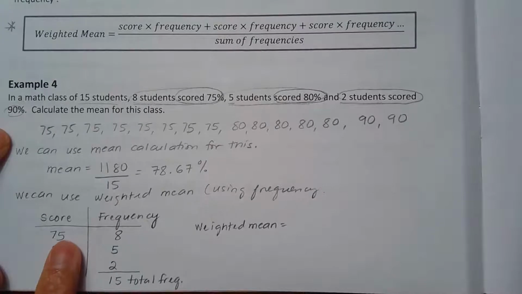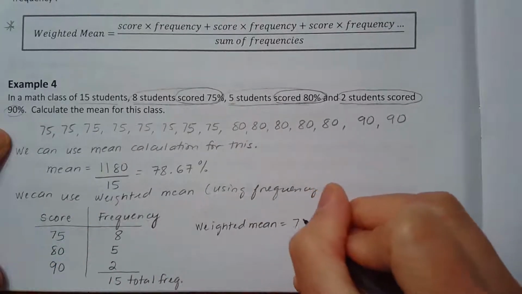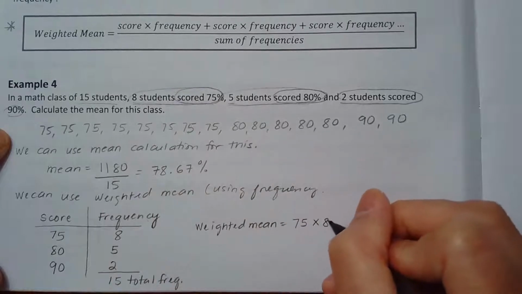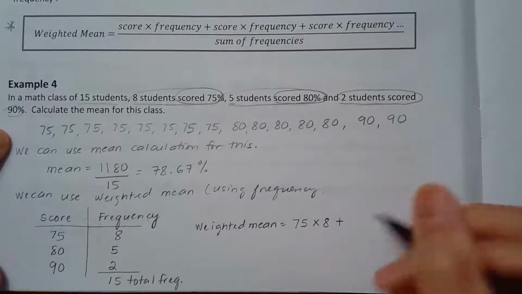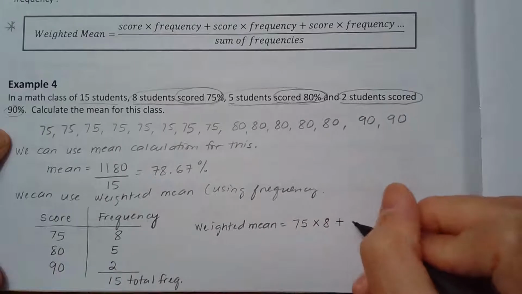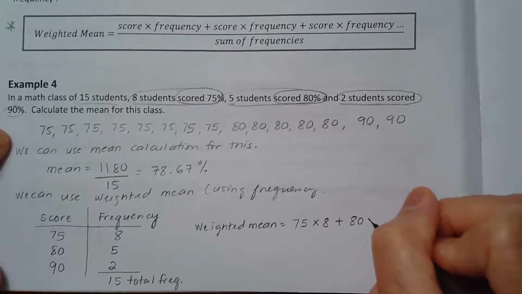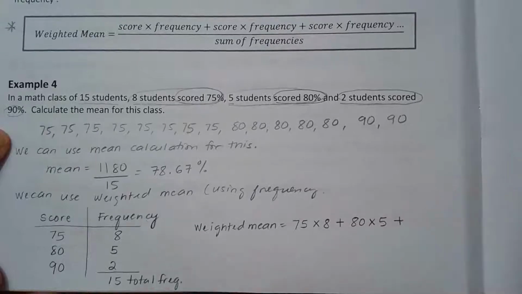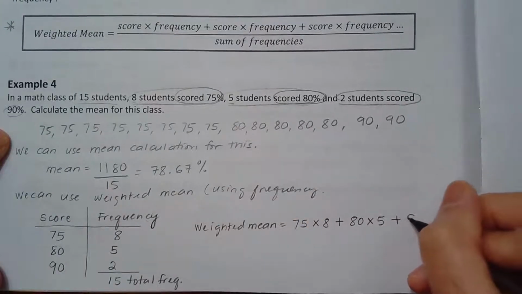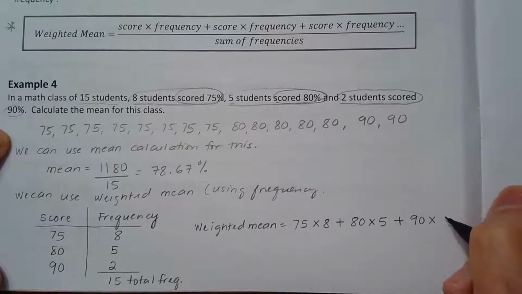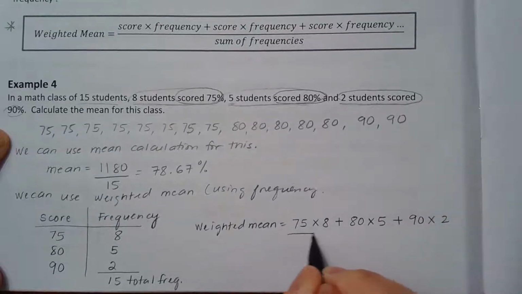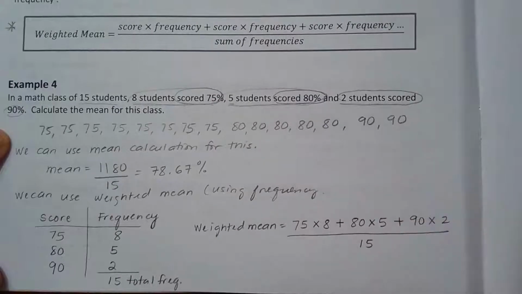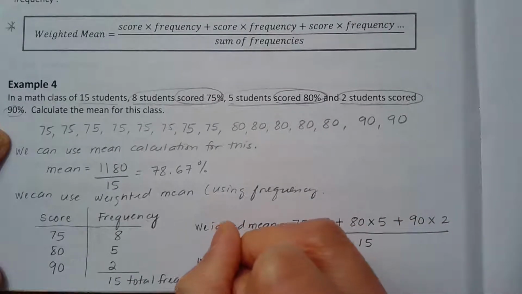We do the score times frequency: 75 times 8, plus score of 80 times frequency of 5, plus score of 90 times 2, divided by the total frequency, which is 15.